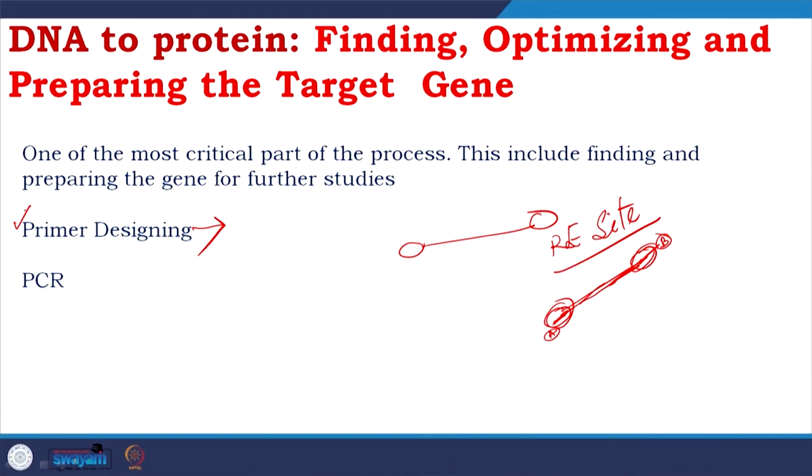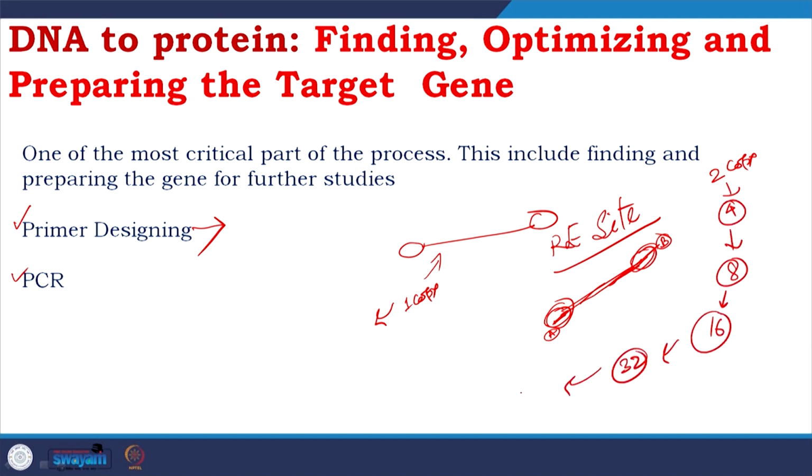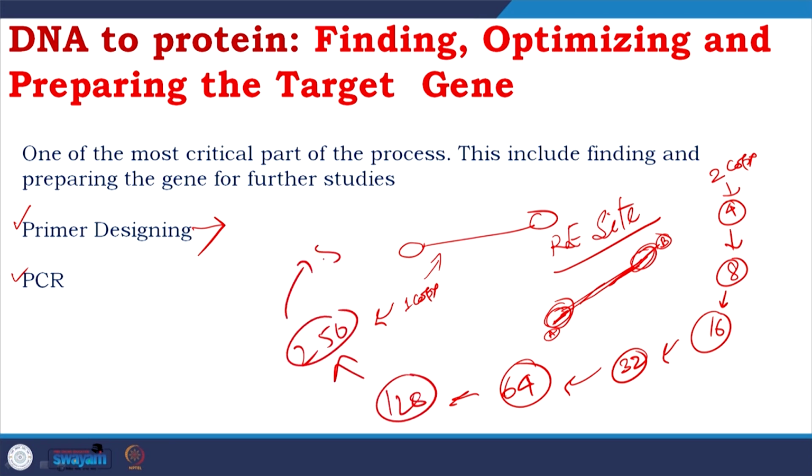Then after designing the primer, you will do PCR. By PCR, your one copy of your gene would go to 2 copies, 4, 8, 16, 32, 64, 128, 256, 512, 1024.